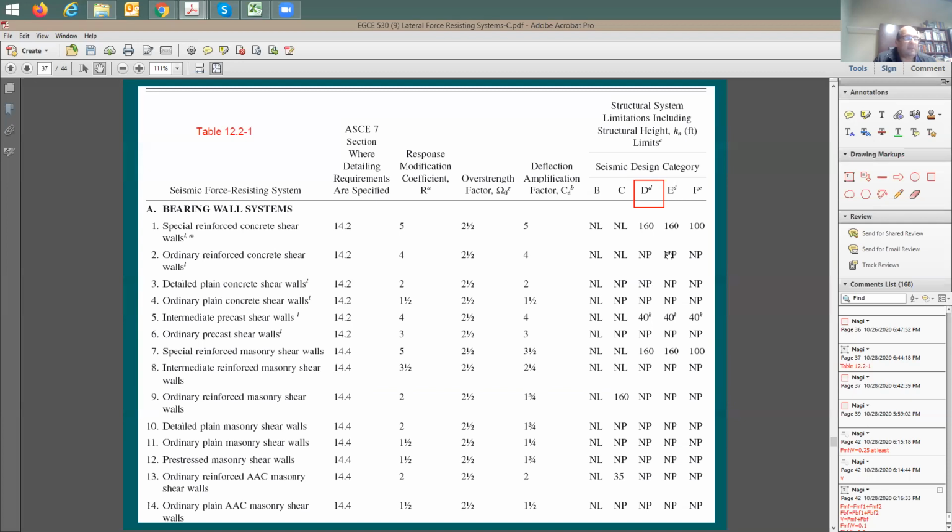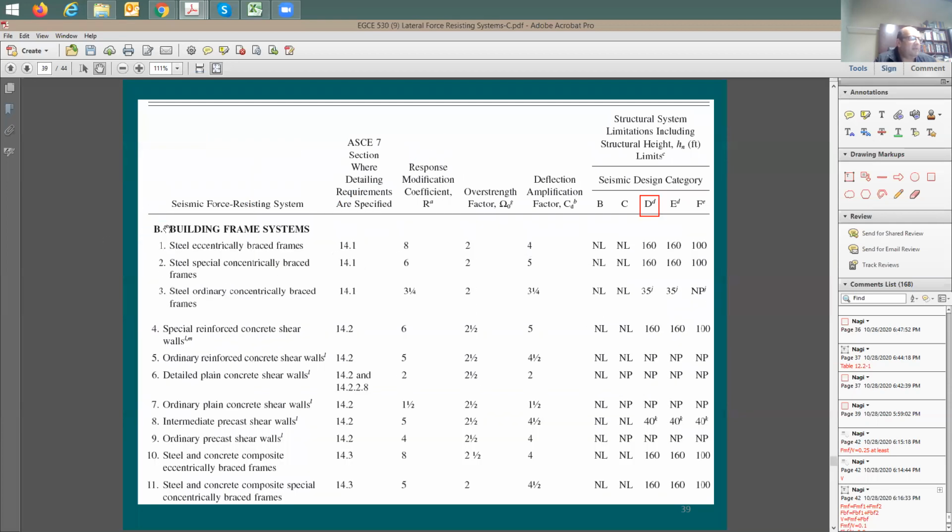Or I may ask you a question. I'm going to say the proposed building height is this many feet, right? I'm going to say the seismic design category is going to be this. Which of the following buildings are you going to be able to build according to the information provided above? And I'm going to say A, for example, special reinforced concrete shear walls. Then you look at this, you check this out. Then another one, I'm going to say building frame system.